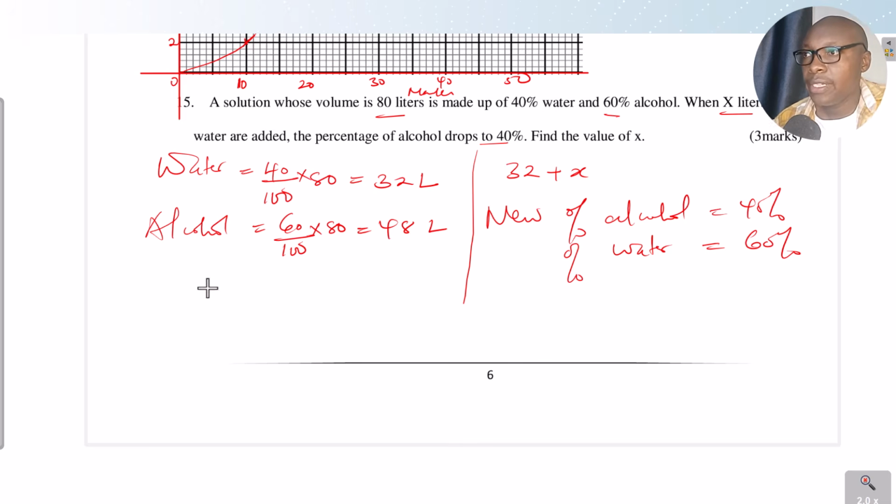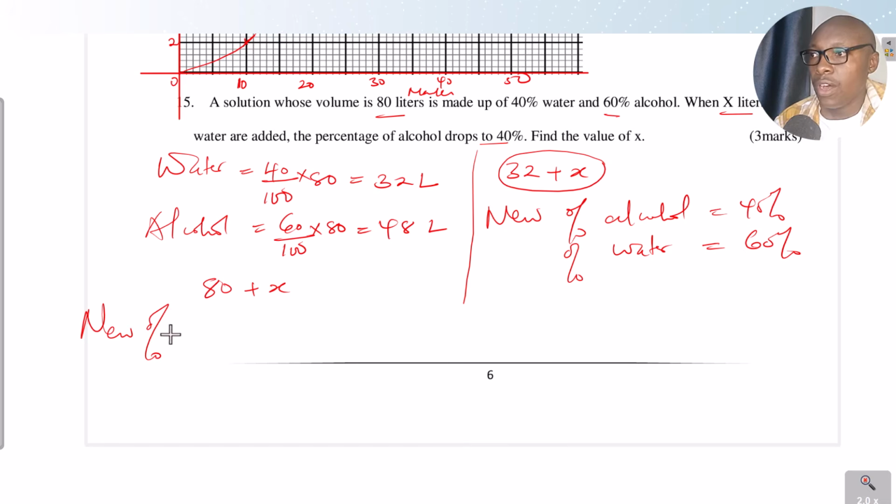So what happens is this: once you add X liters of water, you also change the total volume, which is 80 liters. That one will also change because you have added X. So now when you want to get the new percentage of water, you're going to use the new liters of water, 32 plus X, divided by the total amount of liters.